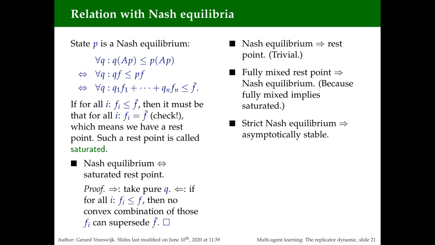You can also prove, which we don't do now, and in a moment I refer to the sources of these proofs, that if you have a strict Nash equilibrium, then you have an asymptotically stable point. So all these implications: if you have a limit point of the replicator dynamic, I already indicated you have a Nash equilibrium here.